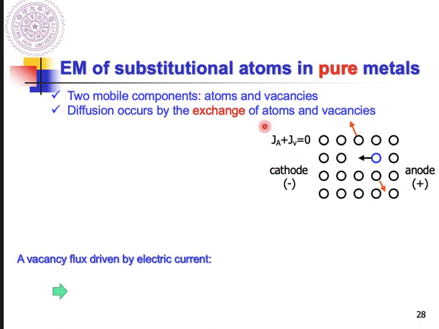In order to know the atomic flux, one way is to directly measure the atomic flux, right? The other method would be, if I can measure the vacancy flux, then I also have a chance to know the atomic flux. The difference is just the sign. The value should be the same, but the sign will be different, right? So for the first method, is it easy to directly measure the atomic flux of these atoms? It's not that easy.